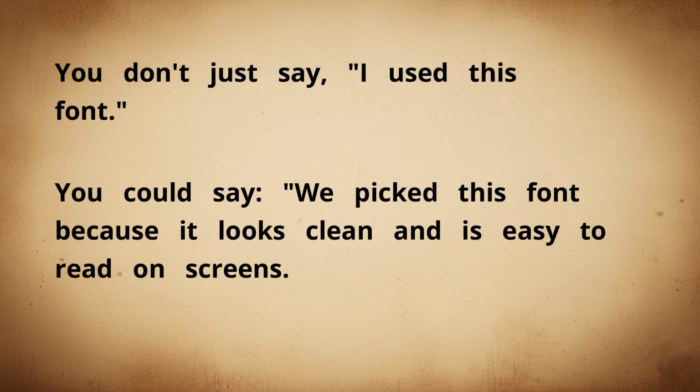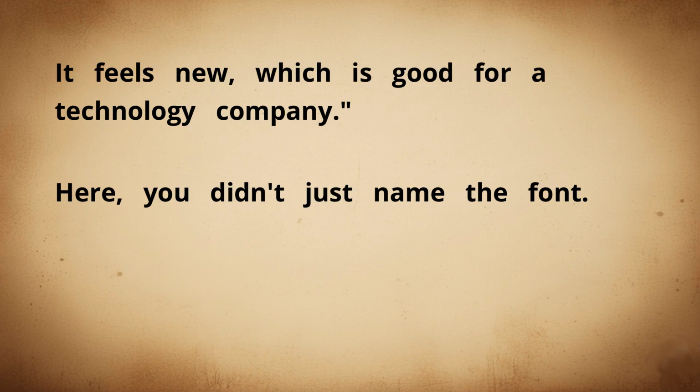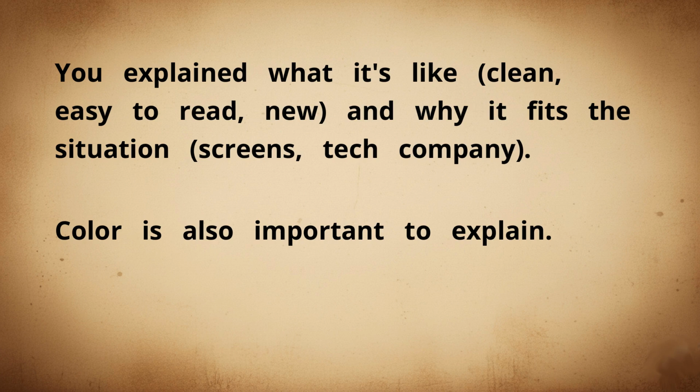You don't just say, "I used this font." You could say, "We picked this font because it looks clean and is easy to read on screens. It feels new, which is good for a technology company." Here, you didn't just name the font. You explained what it's like: clean, easy to read, new, and why it fits the situation: screens, tech company.